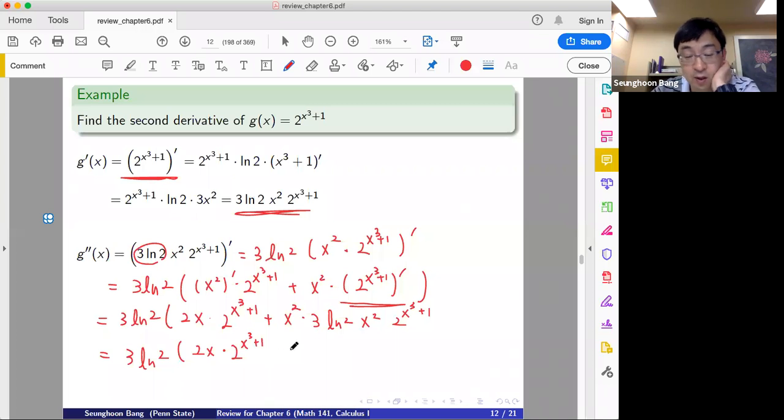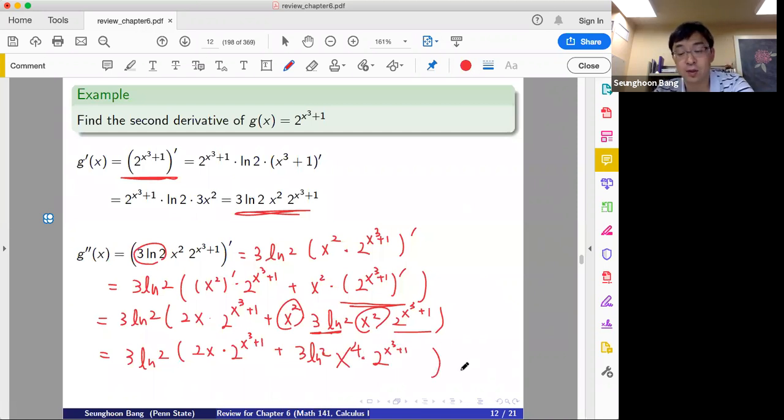Yep. So plus here, keep 3 times ln of 2. X squared times x squared is exactly x to the 4, times the remaining part 2 to the x cubed plus 1.